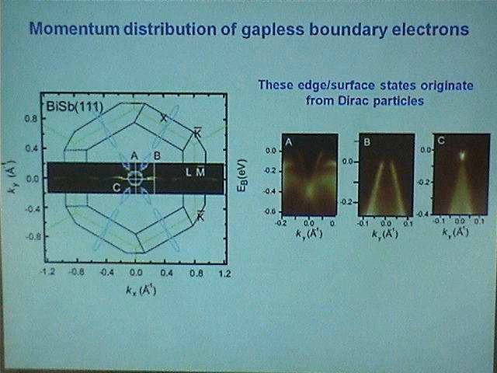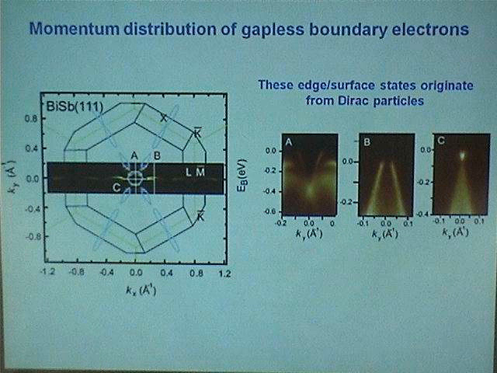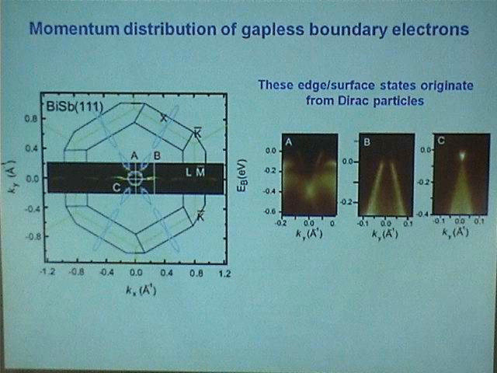If I take cuts on this Fermi surface and look down at higher binding energies, we can always see these linear bands. First time we saw this thing, we thought this system is like graphene, electron-doped graphene, because you have some electron on this Dirac cone, but then we figured it's totally different.